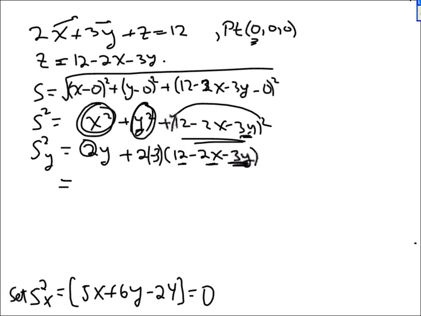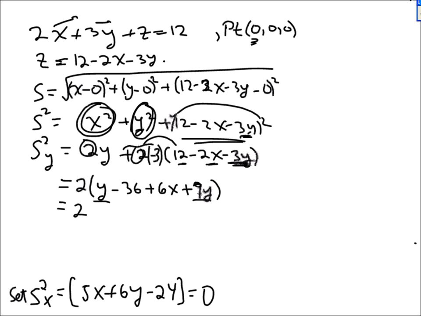Now, I can factor out a 2, and I get y, and negative 3 times 12, negative 3 times 2x, negative 3 times negative 3y is positive 9y. Combining like terms, y plus 9y, that's 10y, plus 6x minus 36.